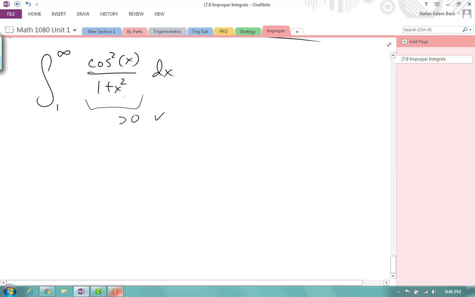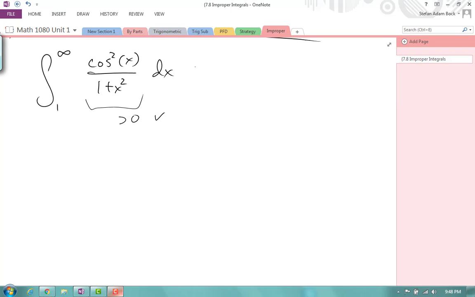So I want to try to compare it with one of these p integrals. I want to try to do the p-test. But the problem is I've got this extra cosine, I've got a 1 here. It doesn't match up exactly with 1 over x squared. So since I've got an x squared on the bottom, I would like to compare it to 1 over x squared. But 1 over x squared, that's a p greater than 1, which means it's convergent.